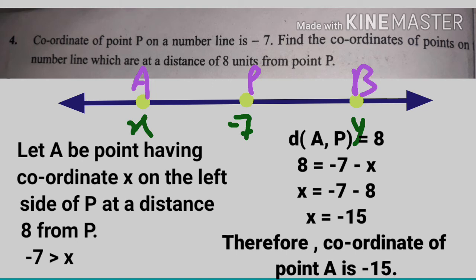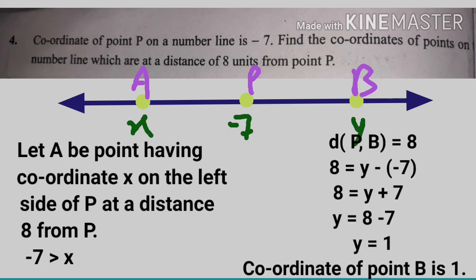Then 8 equals distance AP, which is -7 minus x. By solving this, we get x equal to -7 minus 8, x equal to -15. Therefore, the coordinate of point A is -15.